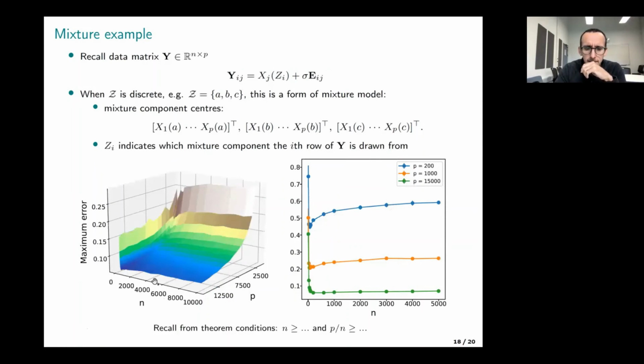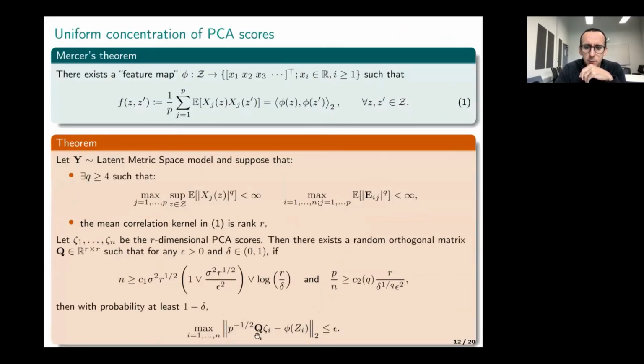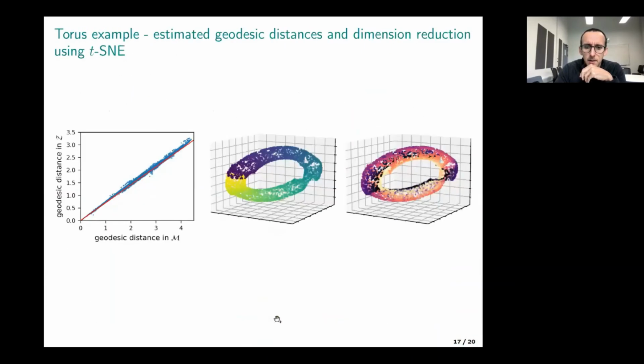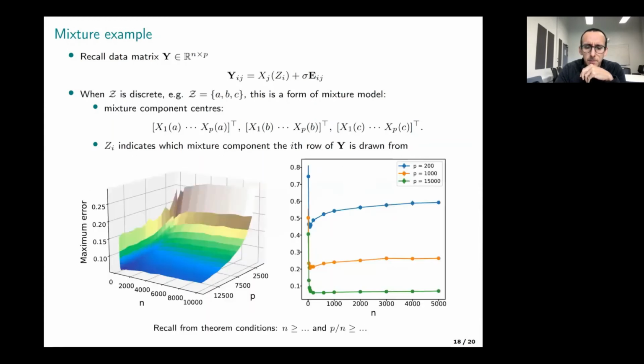Looking at what that means at the level of the theory that comes from our results, if we plot this error as a function of n and p, what do we find? When n is fixed and p grows, that error decreases, which is what our theory tells us.